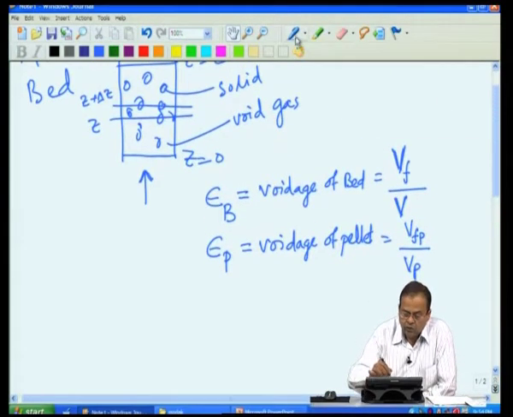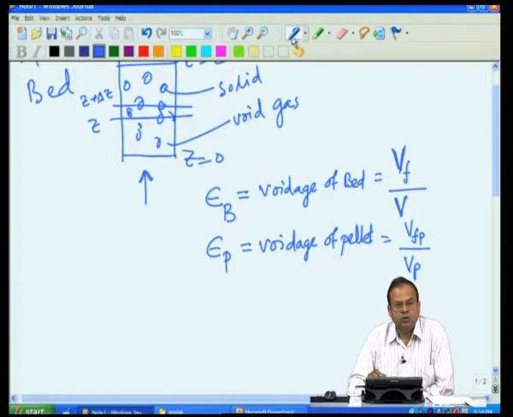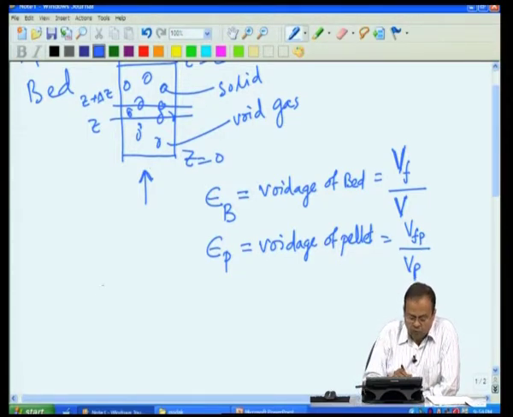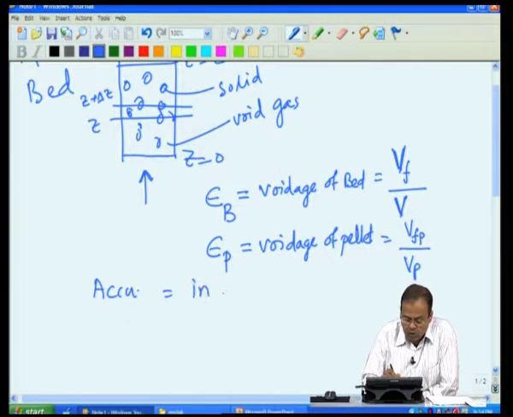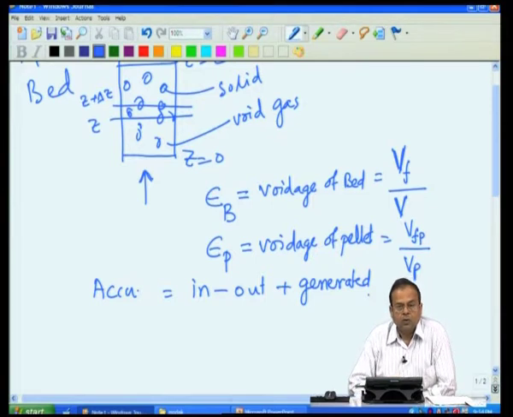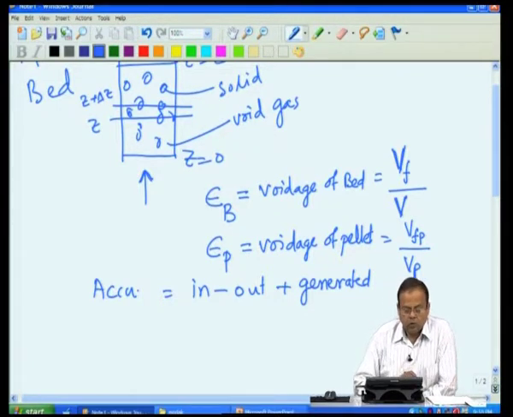So, let us write down the mass balance equation for the component J, which is part of this reacting stream. As before, we will do accumulation equals in minus out plus generated. Now, let us look at the accumulation term.